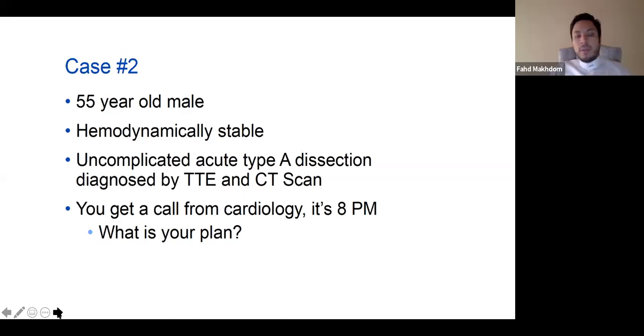So this is a 55-year-old patient, hemodynamically stable. He was found to have type A dissection on his CT scan. You were called to review the patient and the CT, and then advise.